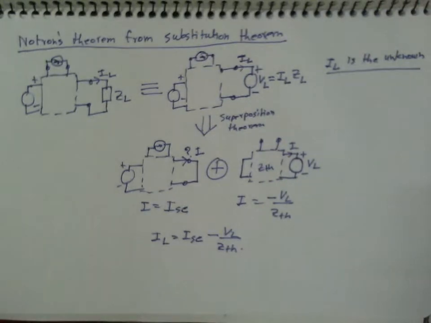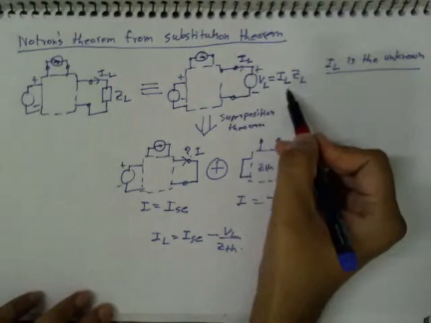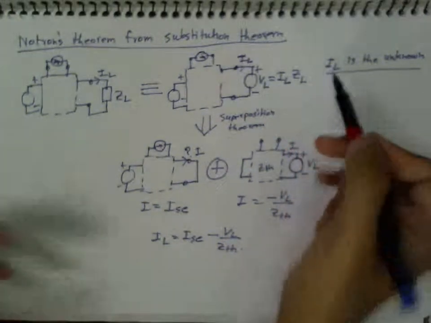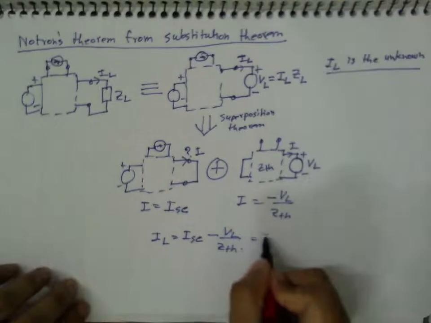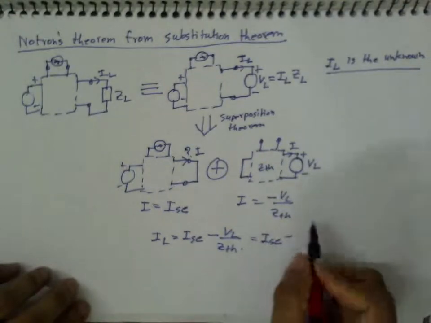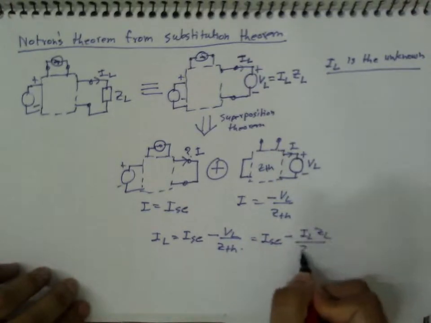Now, what is VL? VL is ILZL. That's how I substitute it. So I put that value, so I have ISC, SC for short circuit, minus ILZL divided by ZTH.